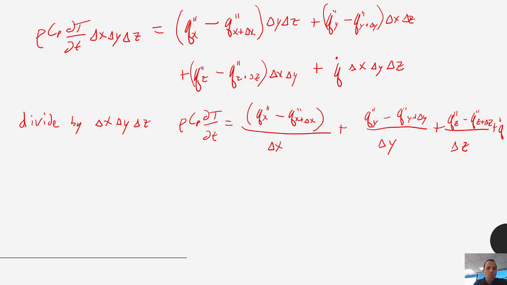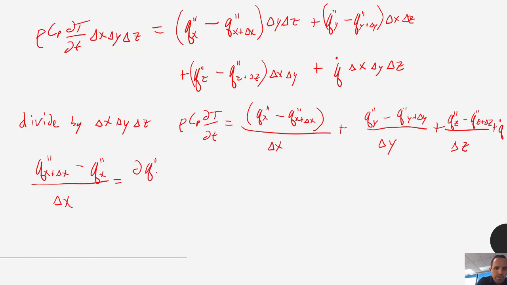So now we can use the definition of a derivative. So we could say that Q as measured at x plus delta x minus Q as measured at x divided by delta x is actually equal to, when we shrink x down, so if we took the limit as delta x, delta y, and delta z all go to 0, we end up with these just being derivative terms, and actually the inverse of the derivative.